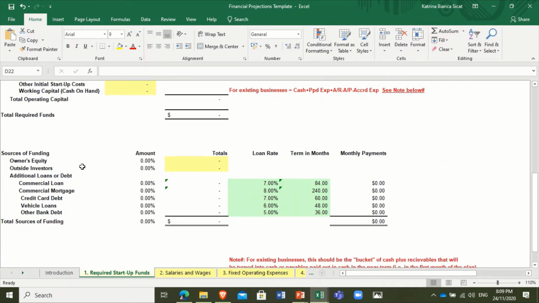Again, I think I've mentioned a while ago, since you can't go out and interview banks when it comes to their interest rates.